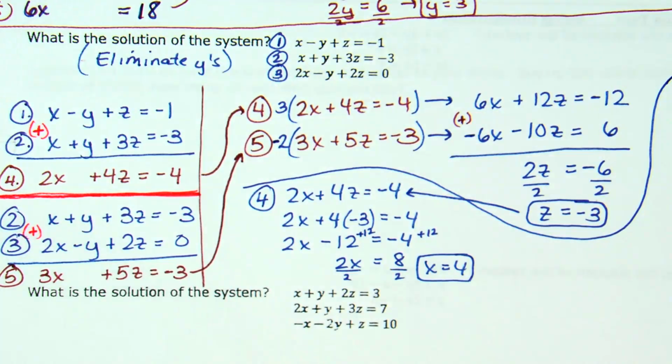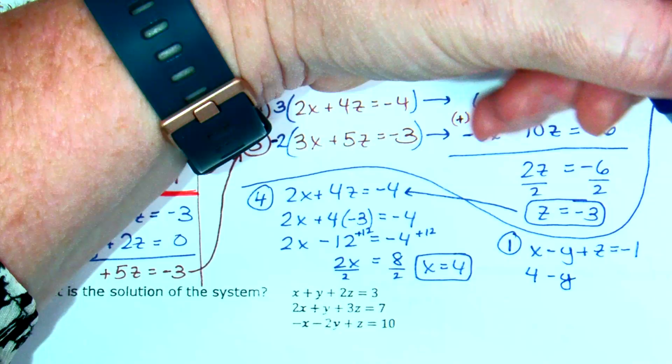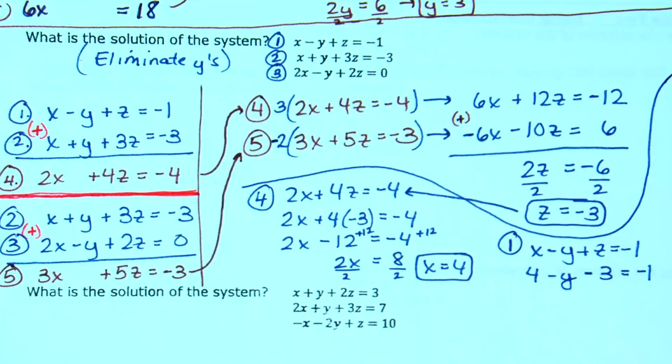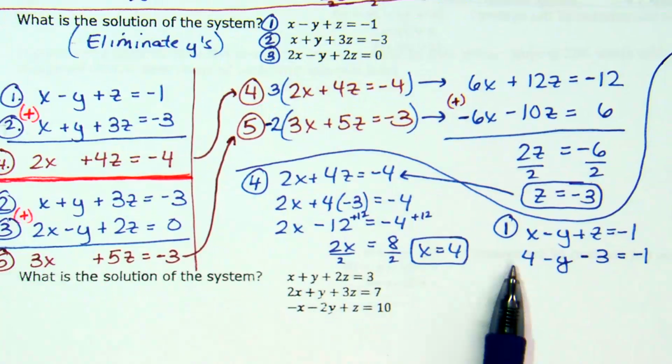So if we use equation 1, I'm going to write it down: x minus y plus z equals negative 1. So I'm going to have 4 minus y plus z, so that's minus 3, equals negative 1. Like terms, I have a 4 minus 3. 4 minus 3 is 1. So I have negative y plus 1 equals negative 1.